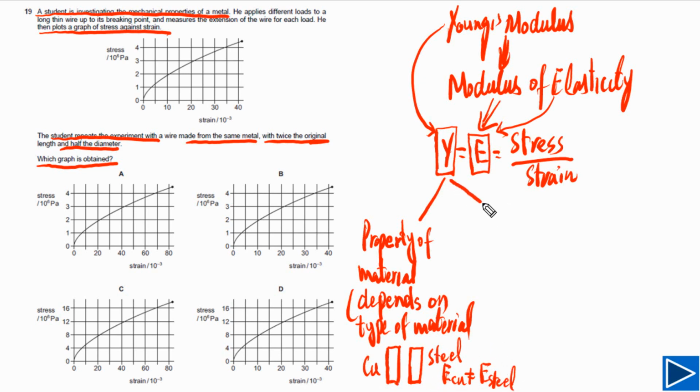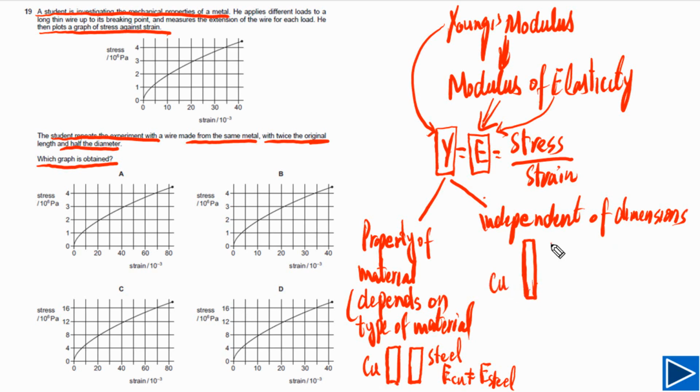And the second thing we need to understand about Young's modulus is that it is independent of dimensions. What exactly does it mean by independent of dimensions? It simply means that, let's say we have one wire and this wire is made of copper. And we have another wire and this wire is also made of copper.